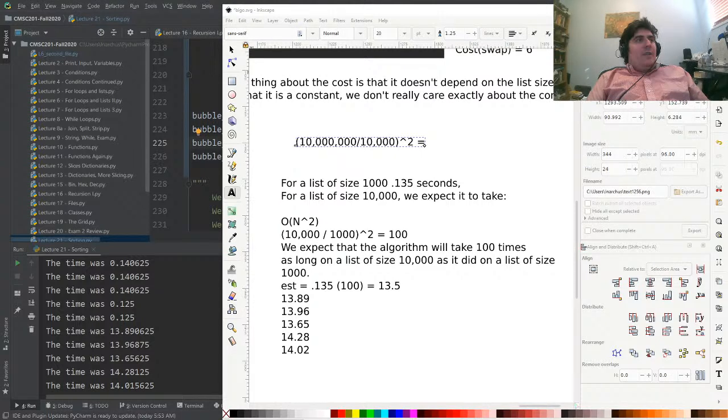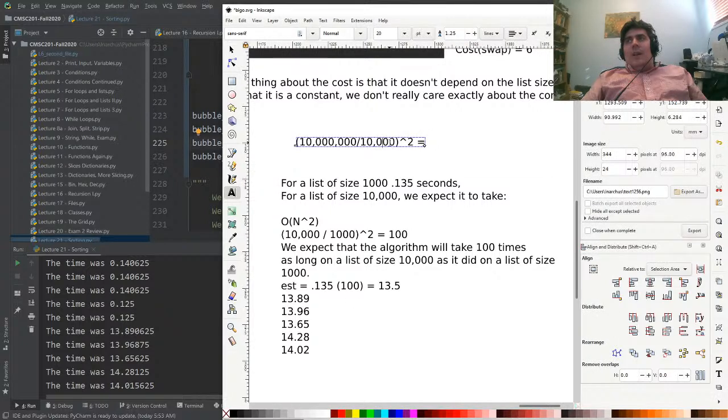Let me pull up Windows Calculator because that's what I'm going to do. So 10 million divided by 10,000 is 1,000. Oh wow, that's shocking. So then you're going to square that. I should have just done that in my head. I don't know why I didn't do that. That was nonsensical. Okay, so that was 1 million, right?